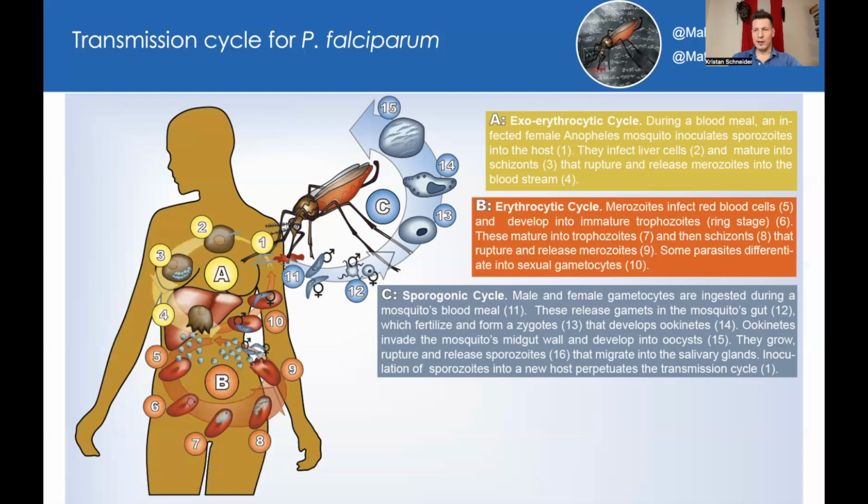The ookinete will grow into oocysts, which further grow, rupture, and release sporozoites, which find their way into the mosquito's salivary glands. And now this mosquito can infect new humans, and this closes the malaria transmission cycle.